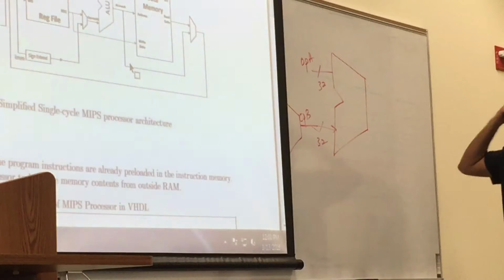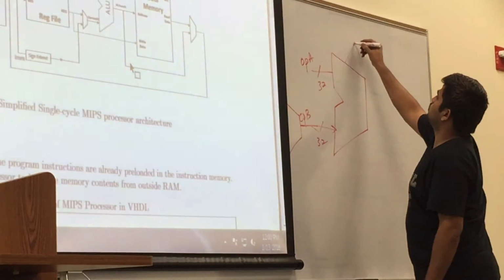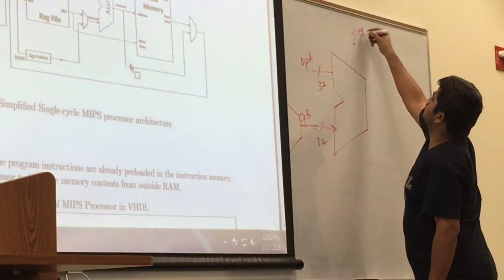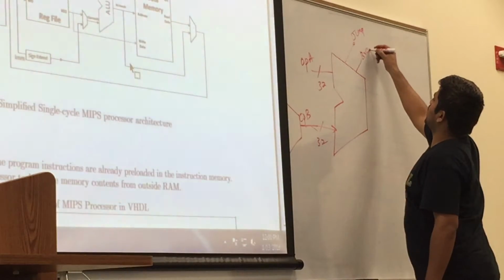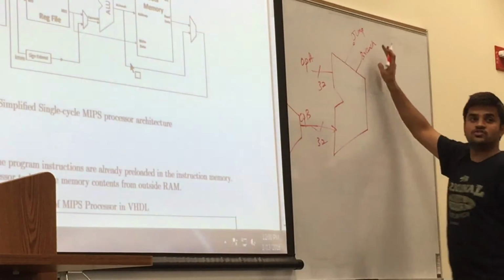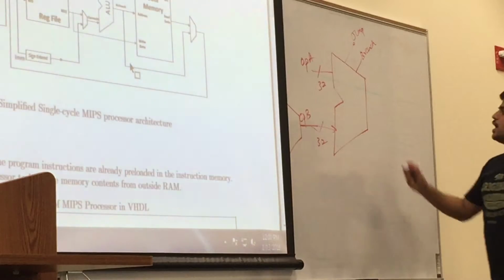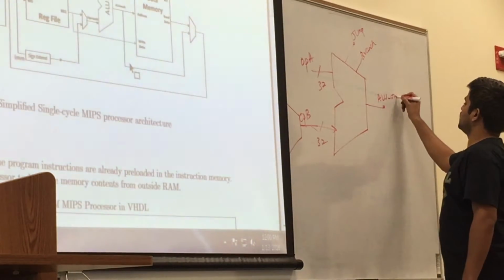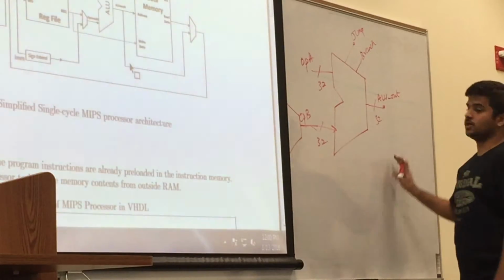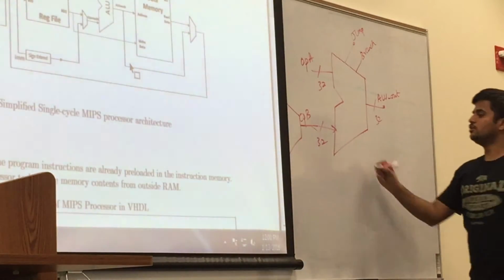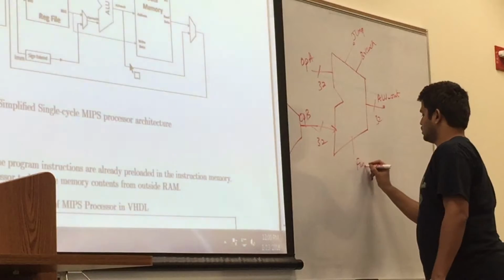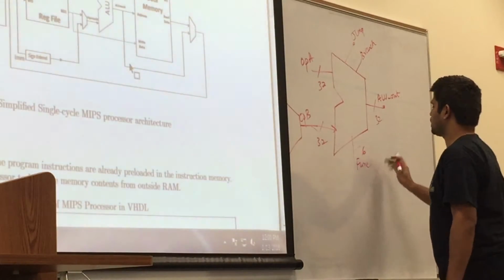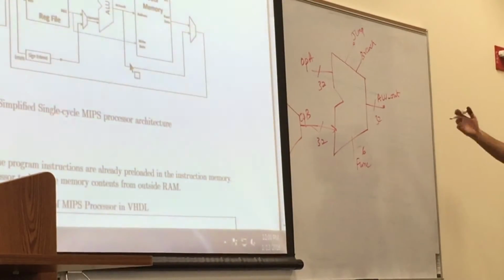And we have the outputs jump and branch. As of now, just ignore these 2 outputs, and you have the output ALU out, which is 32 bits long, and you have the input function. Based on the function, you will do the corresponding operation.